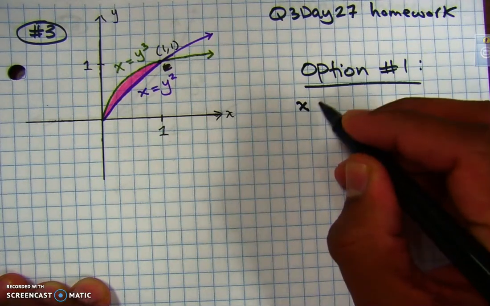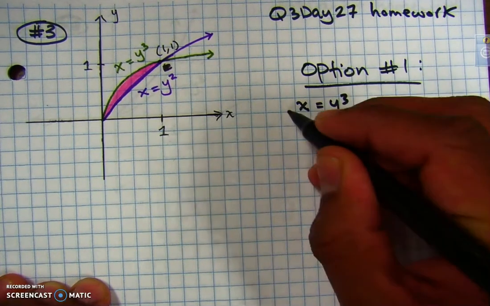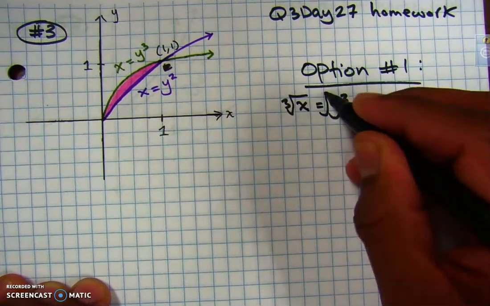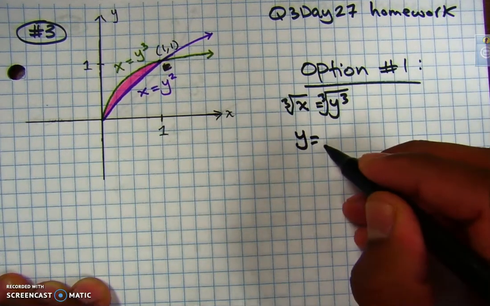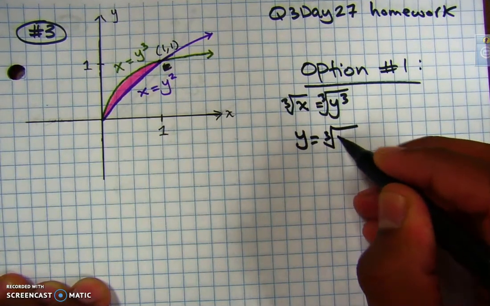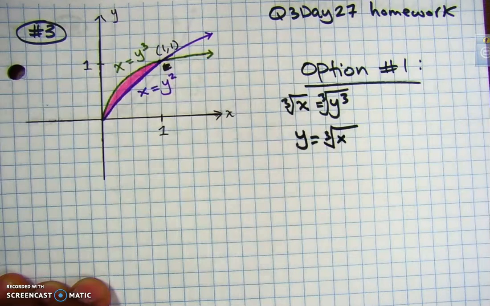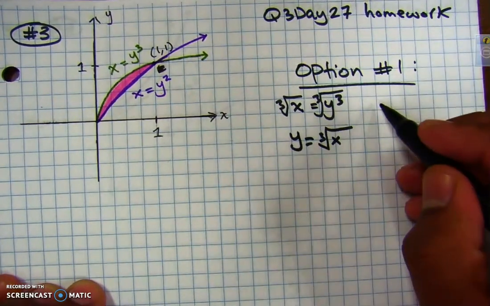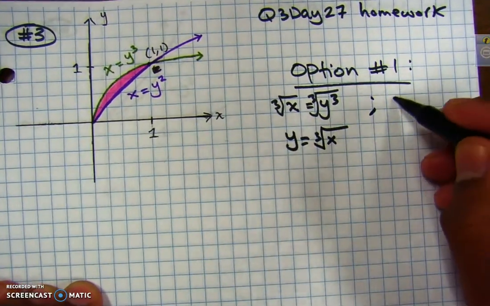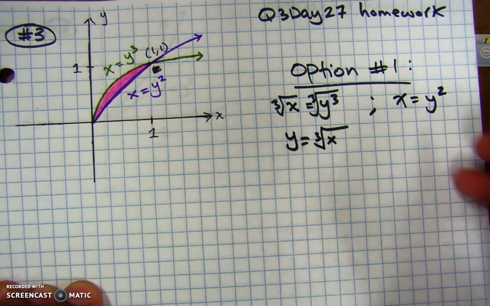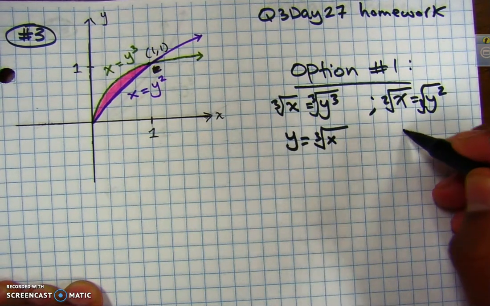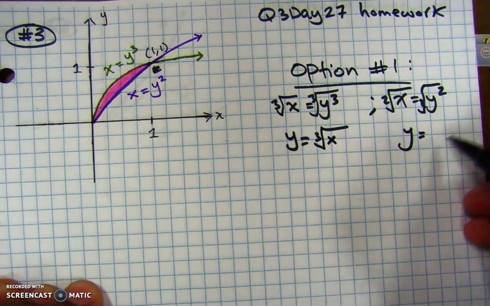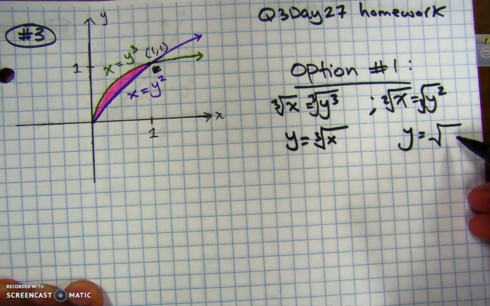For example, x equals y cubed, we take the cube root of both sides, and that becomes y equals the cube root of x. That's this green function now. X equals y squared, we take the square root of both sides, and now that is y equals the square root of x.